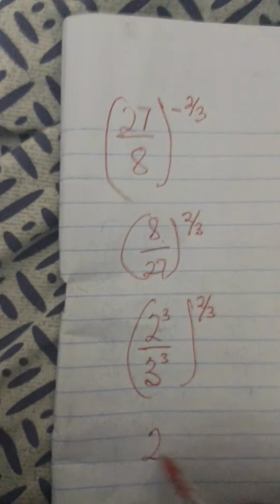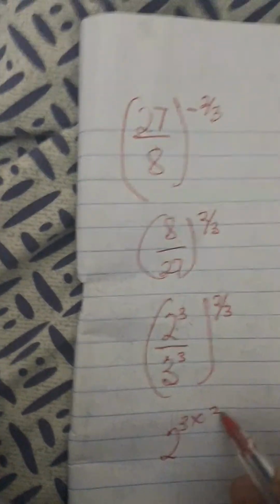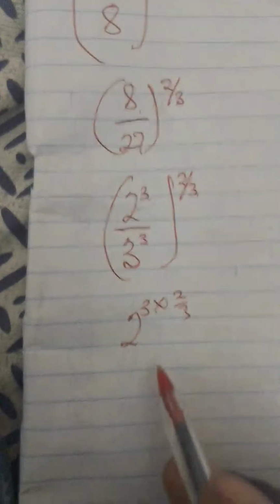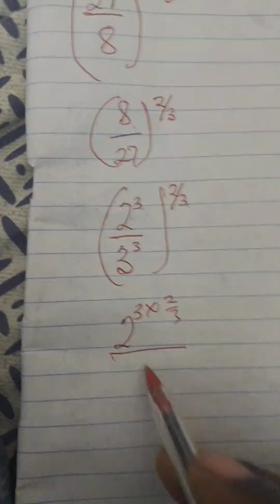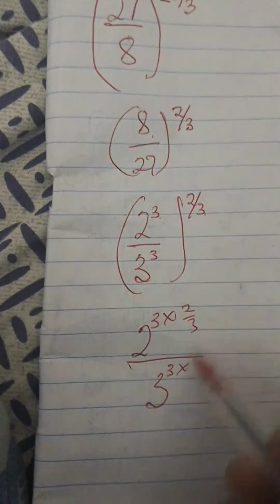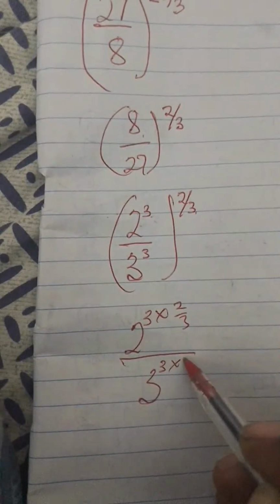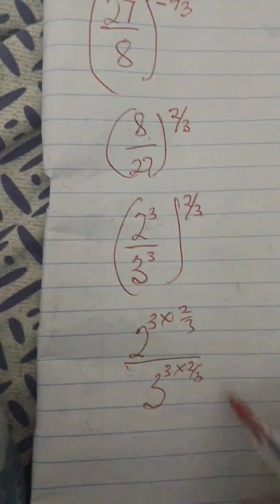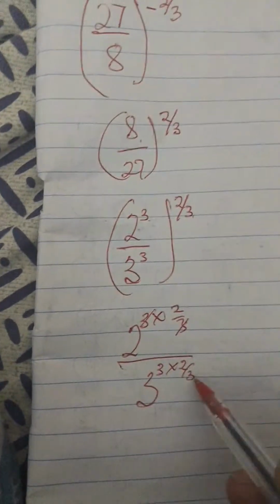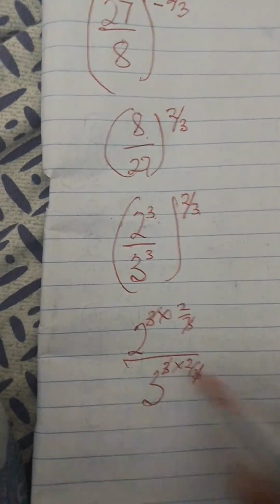So you have 2 exponent 3 times 2 on 3. So use the exponent here to multiply this. Then with the denominator also, 3 exponent 3 times the same exponent, that is 2 on 3. So that 3 cancels 3. This also 3 cancels 3.